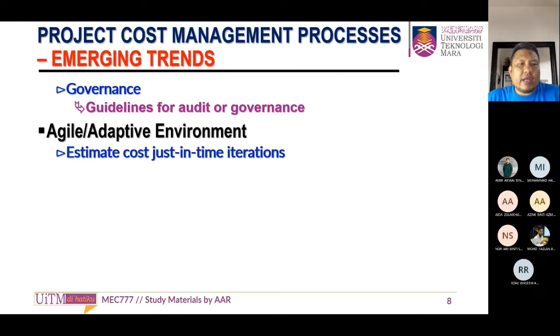In an agile adaptive environment, we estimate cost just in time, iteratively. That means we estimate each process just in time: when we want to do that process, then we estimate the cost. Estimating just in time is more accurate, because we already know what happened, since it is very close.